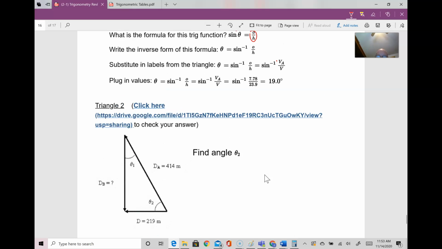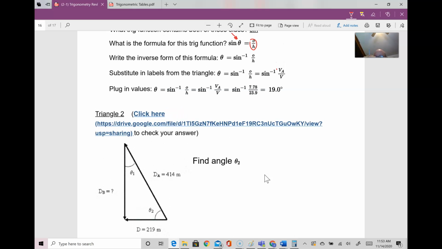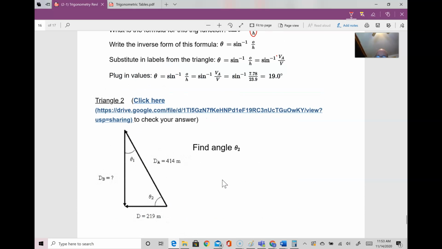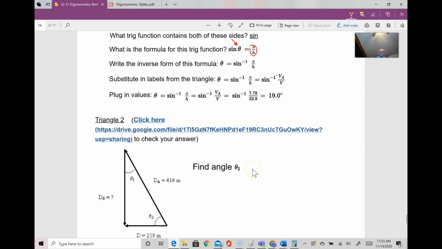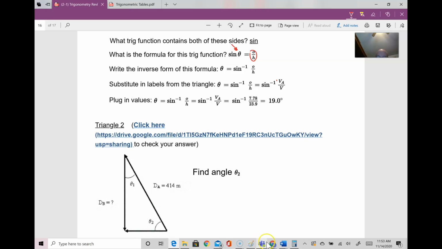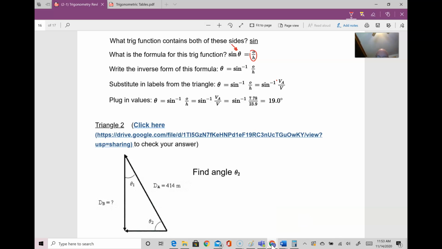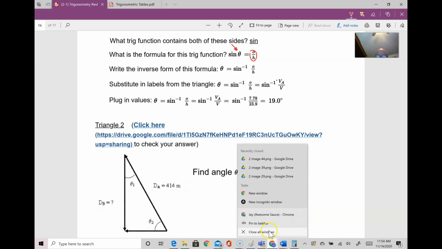Okay, so I'm going to walk you through this first one here, triangle 2, and then you can do 3 and 4 by yourself and see if you can get that. But again, you have the ability to find the answers or check the answers by going to the Canvas page.